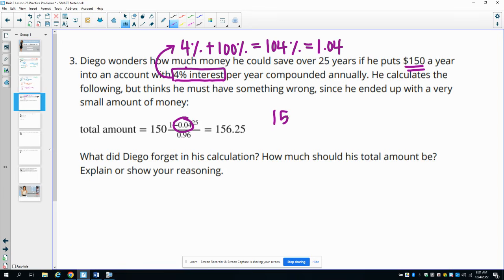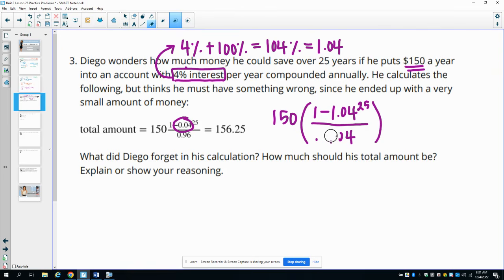So he should have had 150 times 1 minus 1.04 to the 25th power divided by 1 minus 1.04, not just 1 minus 0.04. So this bottom, when you do 1 minus 1.04, would be negative 0.04.